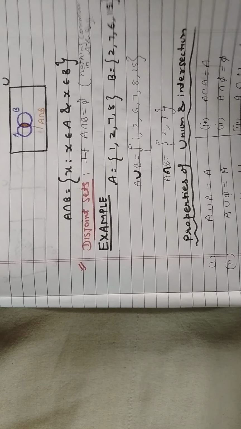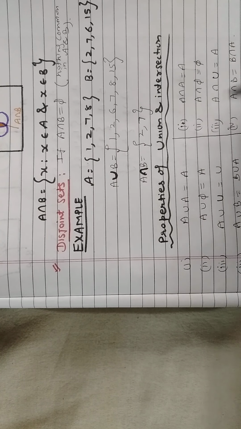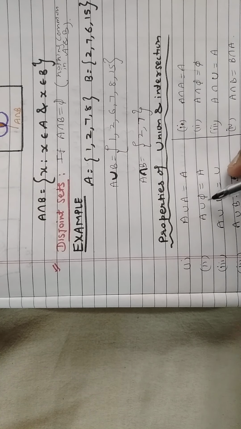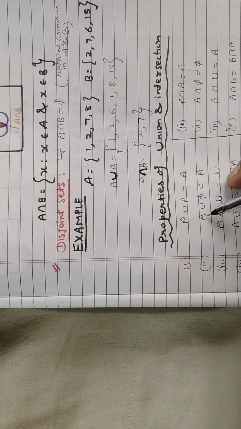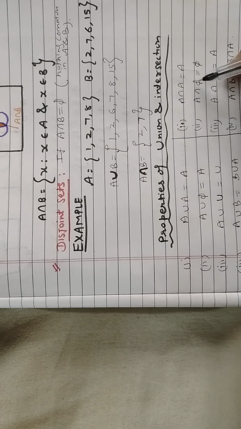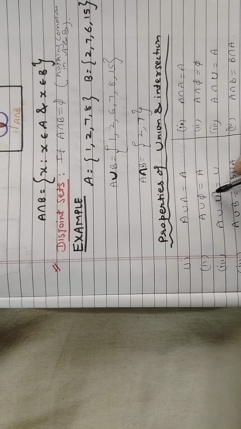Next is properties of union and intersection. A union A is A. A intersection A is also A. When you combine A with phi, you get A union phi equal to A. But when you take A intersection phi, you get phi. In intersection the smaller set will be your answer, so what is smaller here? Phi. Next, A union universal set is the universal set.